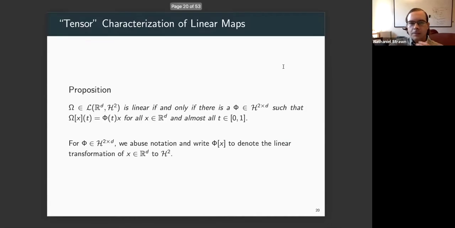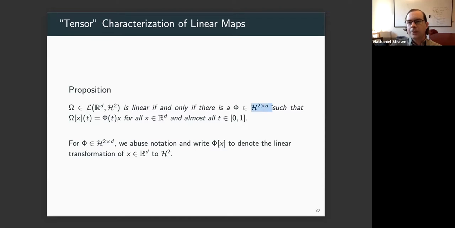So here are the main results. First, to state the main results, it helps to have a different representation of linear maps from R^D into H^2. Well, omega will be such a linear map if and only if there is a phi in a 2 by D matrix of H functions, right?